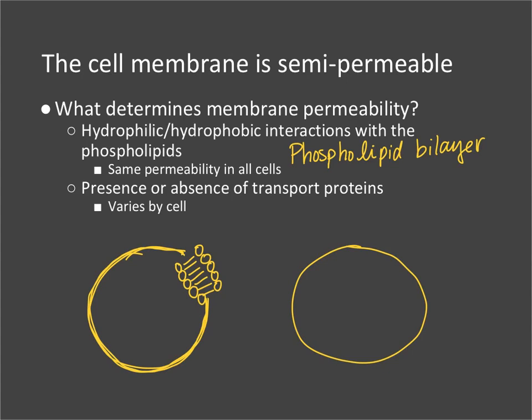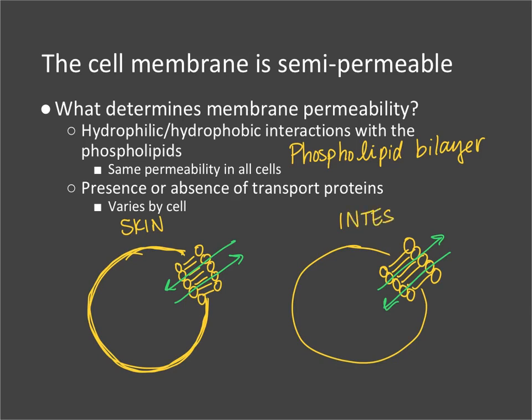But this phospholipid bilayer is the same regardless of the type of cell. Whether it's an intestinal cell or a skin cell, all cells have this phospholipid bilayer. So certain things that can cross the phospholipid bilayer are going to be able to cross those phospholipids regardless of which type of cell it is.